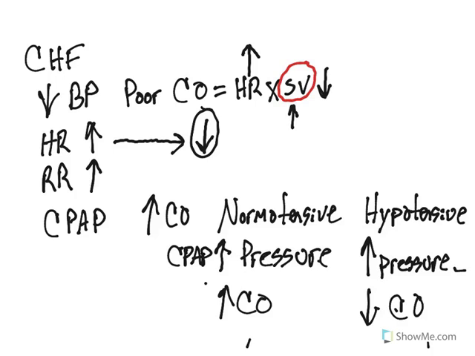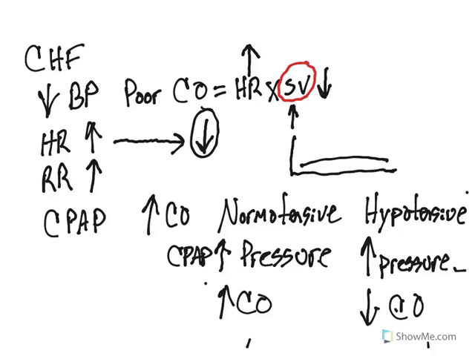And I know it seems a little weird when I say, yeah, if I put CPAP on, I could create VQ mismatch and decrease cardiac output. Well, that's true in my hypotensive patients. If their Starling curve is already bad, if their Starling curve is already kind of flat, then it really doesn't matter.